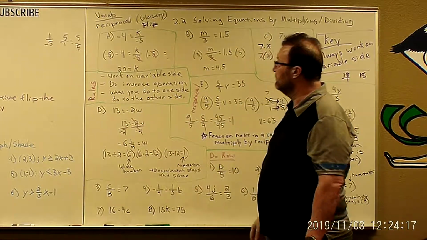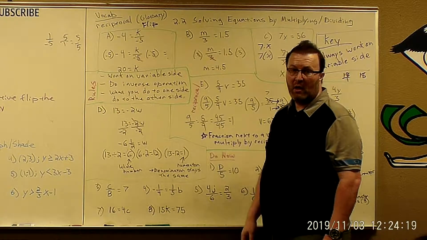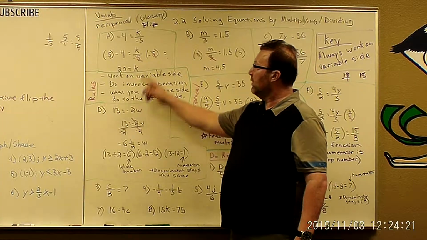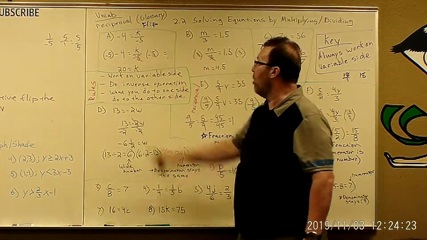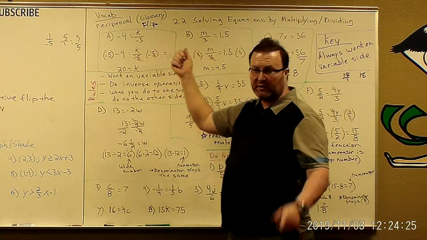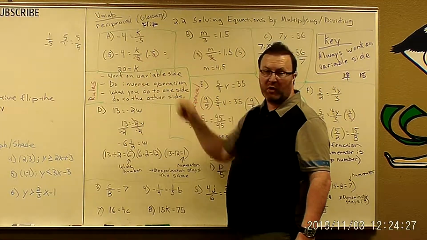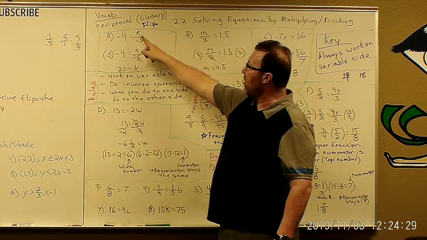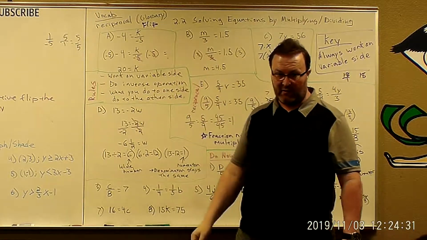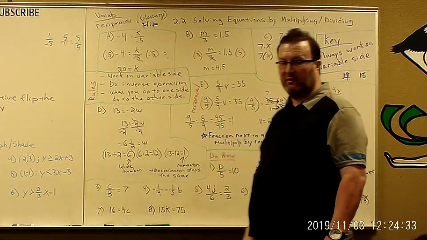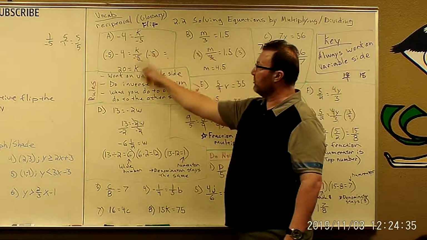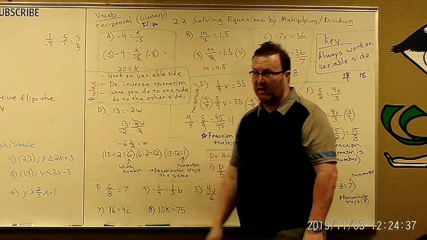Oh, how can we move it to the other side? That's a good question, Wolf. Because we always work on the variable side. Because we're trying to solve for the variable and get the variable by itself. That's an excellent question. Okay, so multiply both sides by 5, k equals 20.